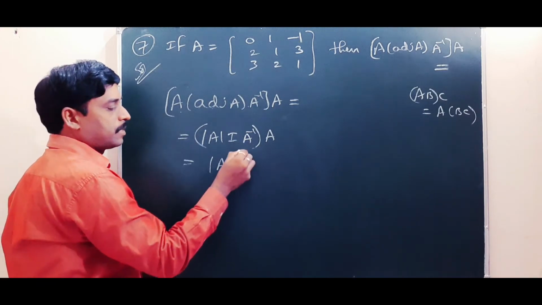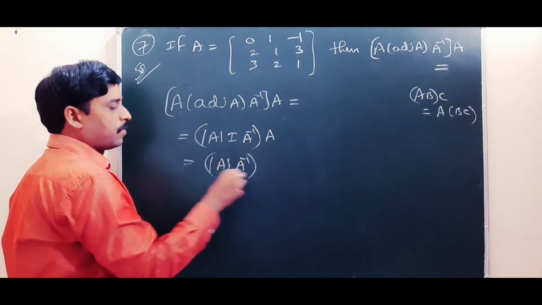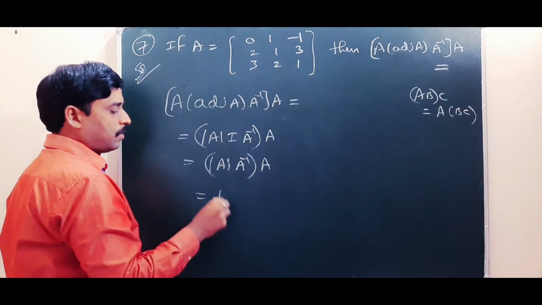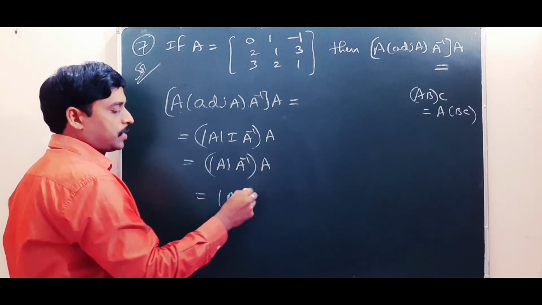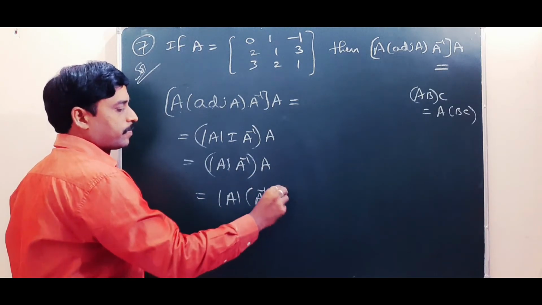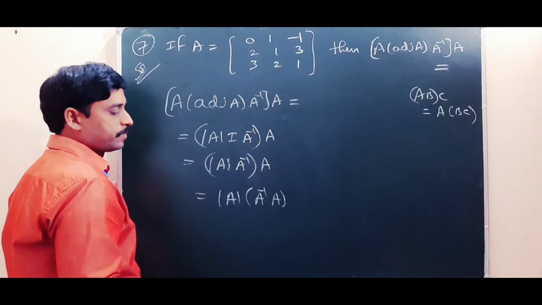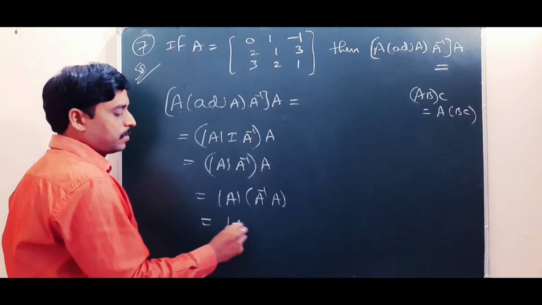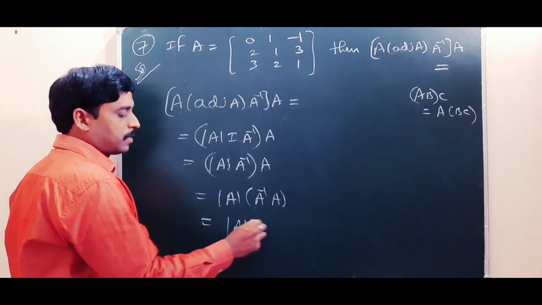I into A inverse is nothing but A inverse, and A inverse into A is I, so that A into A inverse into A is nothing but I.